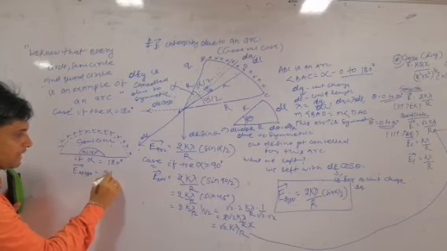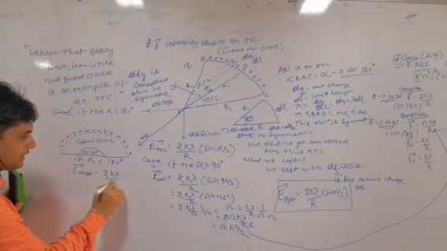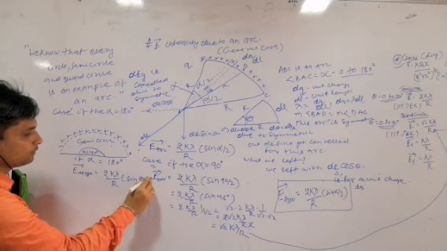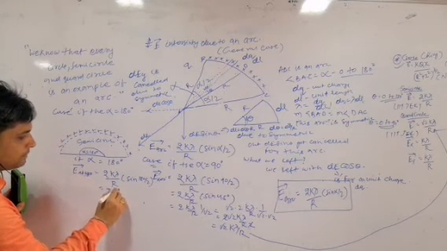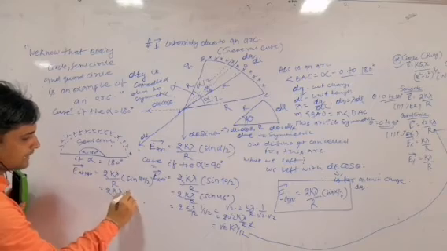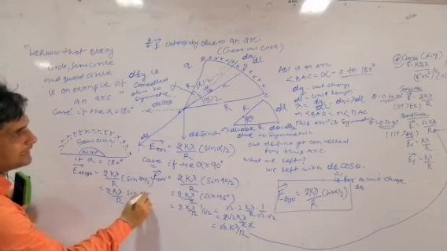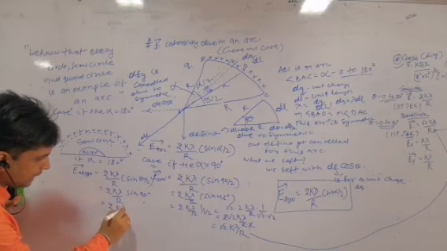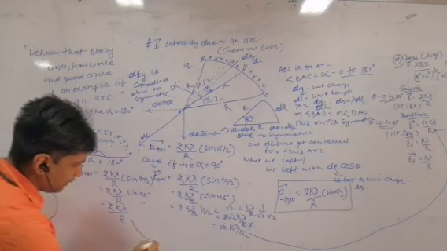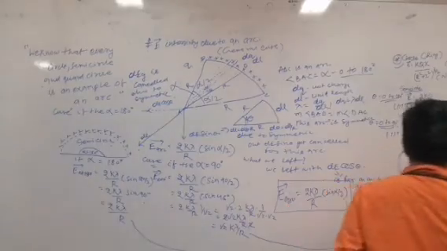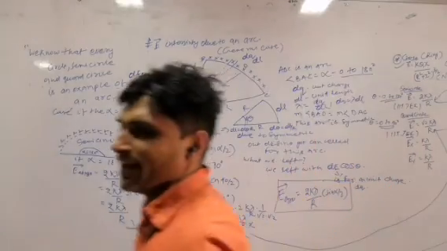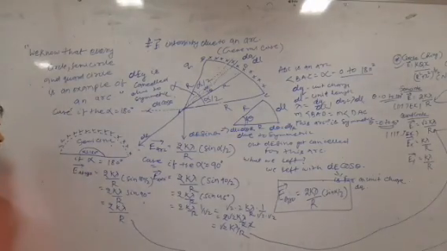So what equation do we get? 2k lambda by r sin 180 divided by 2. So what we get? 2k lambda by r sin 90. What is sin 90, sir? Sin 90 is 1. So we get 2k lambda by r. Is it coming or not, sir? Yes, it is coming. Okay.